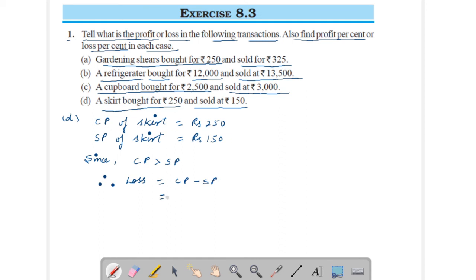Put the values. CP is rupees 250 minus SP, it is rupees 150. Solve this, you will get rupees 100. This is your loss.